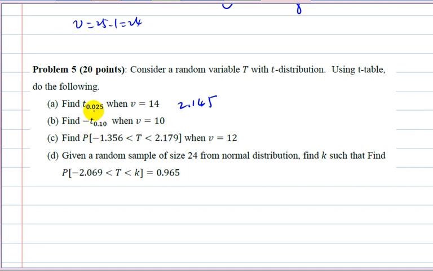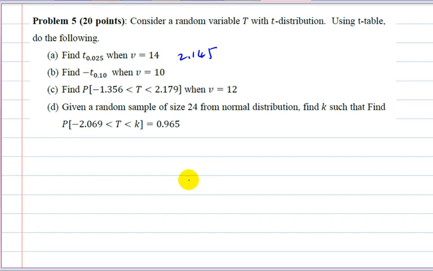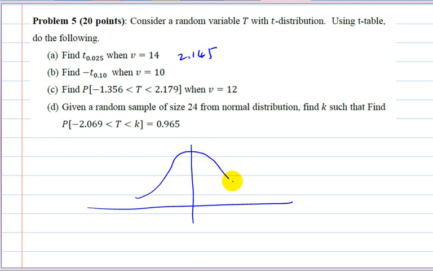To find the negative of this, remember the T distribution is a symmetric distribution. When you talk about T0.1, maybe it's here, so there's 10% of area to the right.